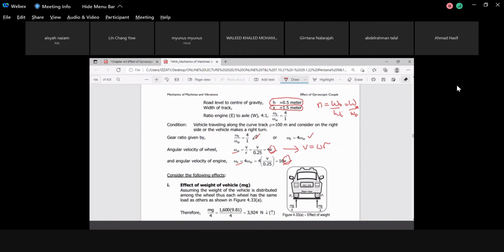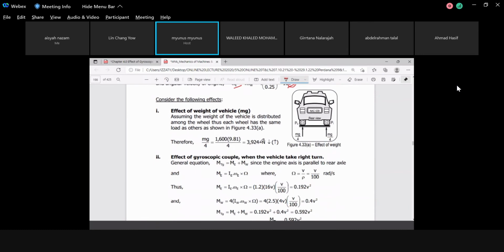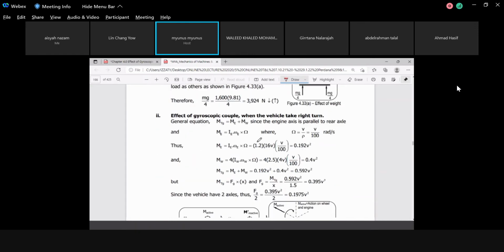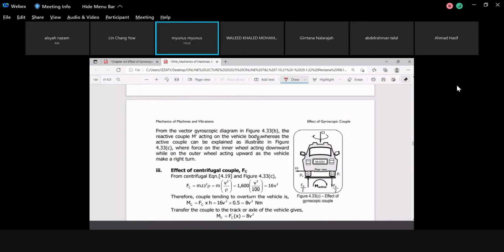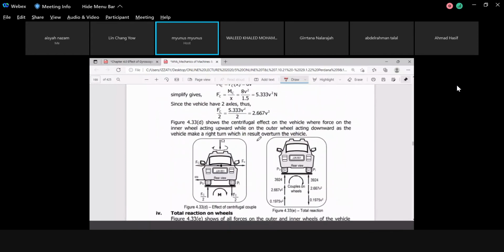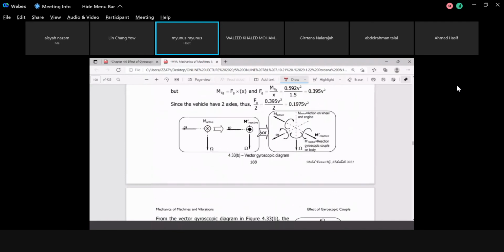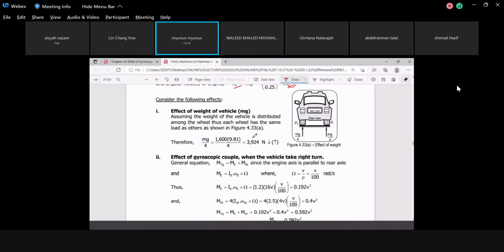So you move on. I did mention you have four effects. One is the effect from the vehicle, or perhaps the mg. The other one is gyroscopic. The other one is centrifugal. And you have another one which is not in our concern, basically due to drag friction, which is not in these topics.